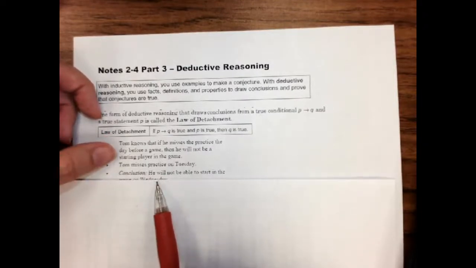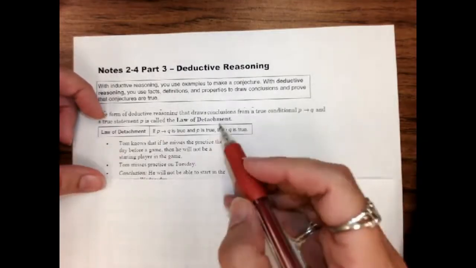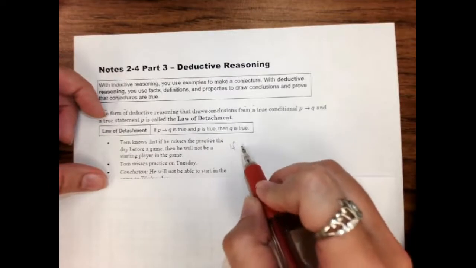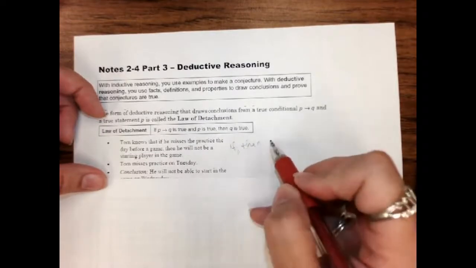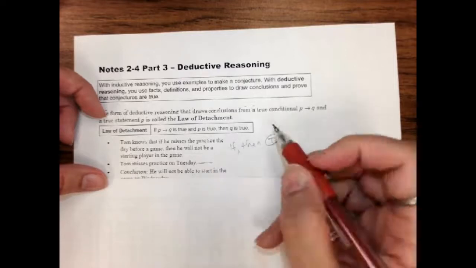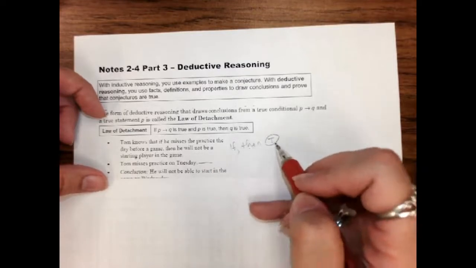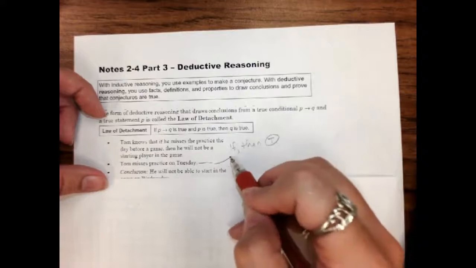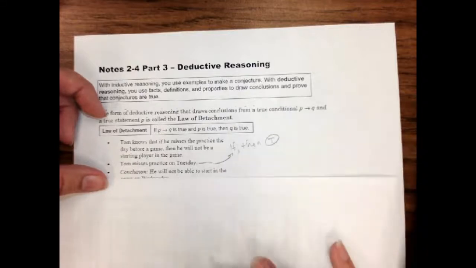Well, he won't get to play. That's law of detachment. So I have an if-then that I know is true, and then I have a statement here that fits right there, and it tells me if the conclusion is going to happen or not.